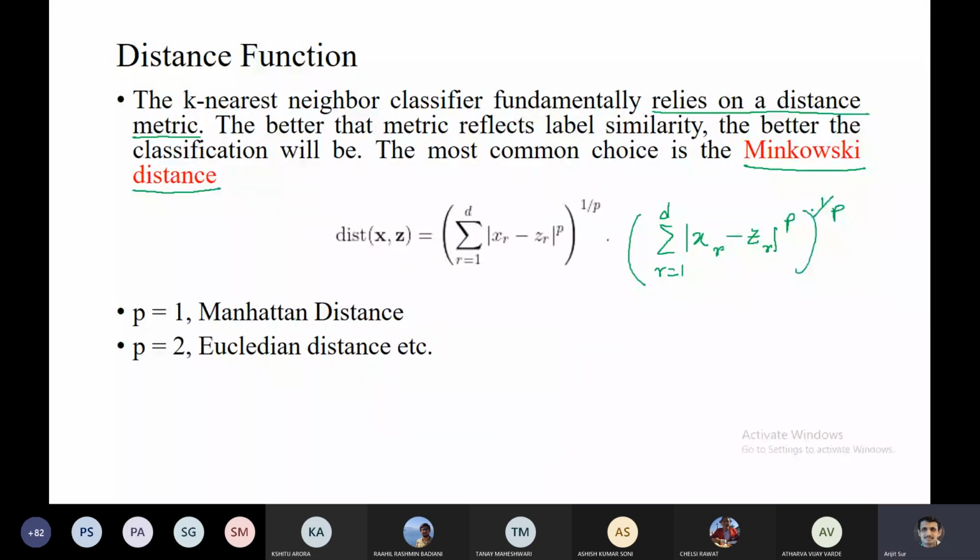Now if p is equal to 2, then x_r minus z_r is squared, summed over r equal to 1 to d, so it is basically a Euclidean distance.